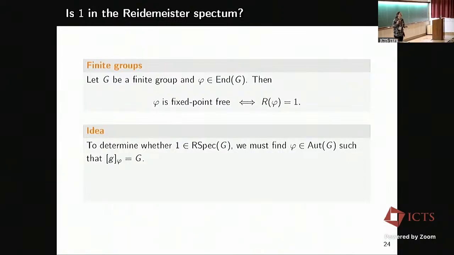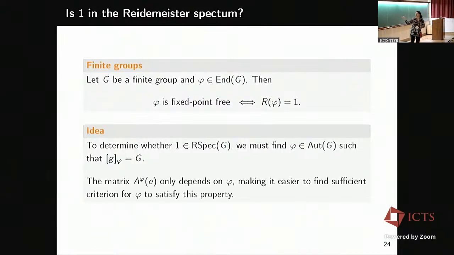It means that every element has the whole group as its twisted conjugacy class, right? So in particular, I only need to look at the identity element, but this identity element gives me a matrix that only depends on the endomorphism or automorphism. So it's quite easy to figure out whether you can find such an automorphism that will have only one class or not.